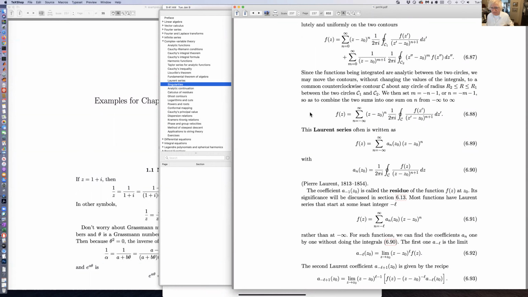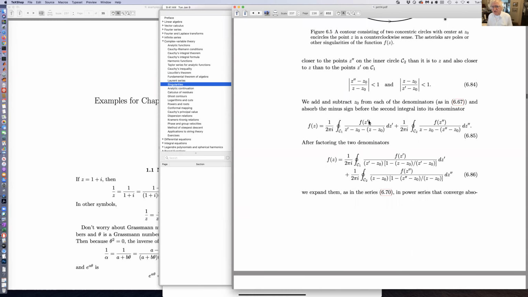and remind you that we derived something called a Laurent series, or a Laurent series, if you want to use the French pronunciation, my approximation to the French pronunciation.